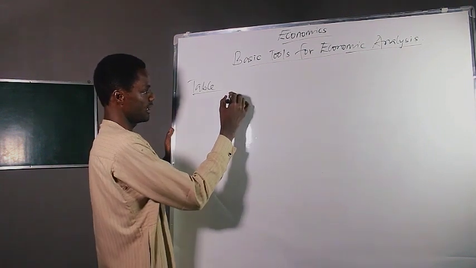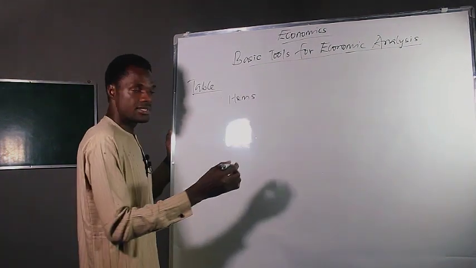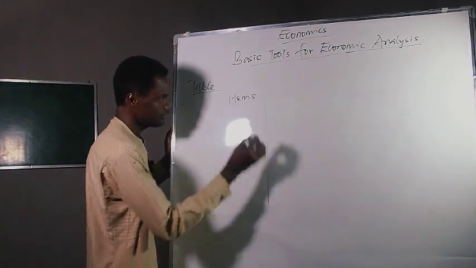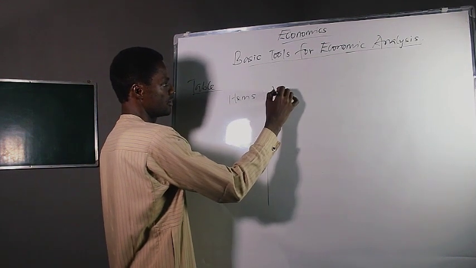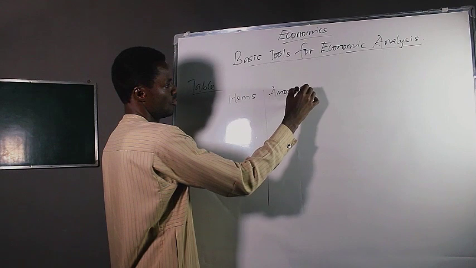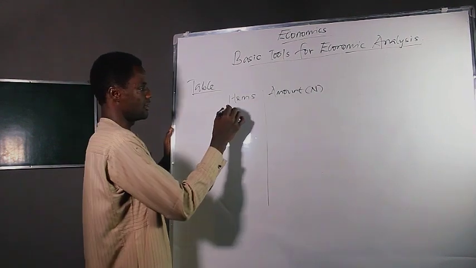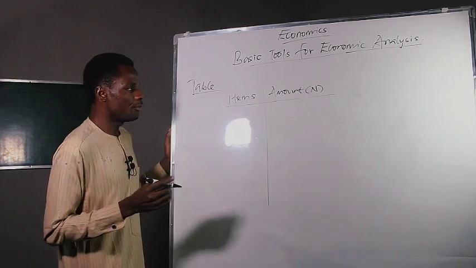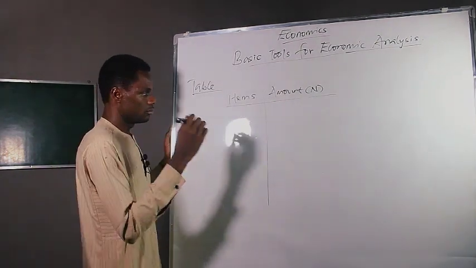For example, it can be drawn like this. This one is the item, the first column, and this one is the amount or the price. So we consider it in naira. An individual has a wide range of needs.